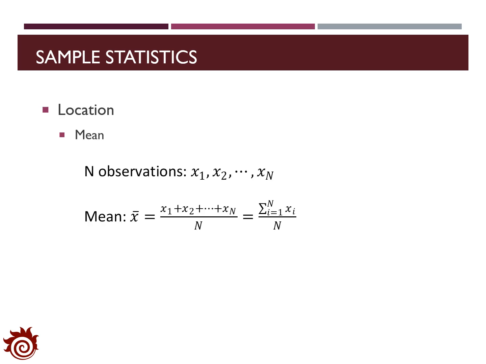Location is another feature of the sample. Usually there are two types of variables to identify the location of the sample. The first one is mean, which means the average value of all the samples. Assuming that there are n observations, x1, x2 to xn, then the mean will be x bar.